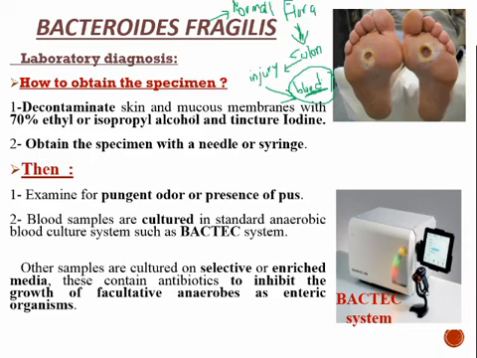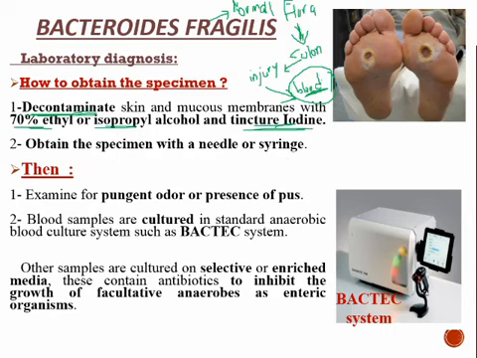But we need to first decontaminate the skin area very well before taking a blood sample, using 70% ethyl or isopropyl alcohol and tincture iodine. Then we obtain the specimen.